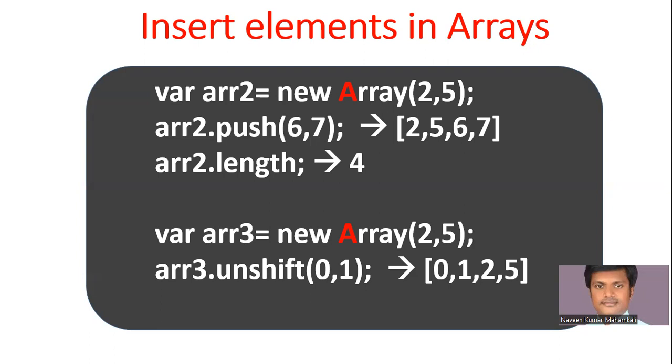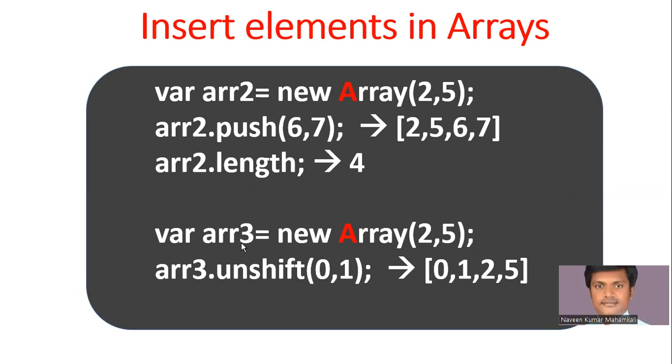As a result, you can see 6 and 7 are inserted at the end. Hence, you can see the array length has been extended to 4. Initially, the array has two elements, 2 comma 5, so the array length is 2. After inserting 6 comma 7 at the end, the array length became 4.